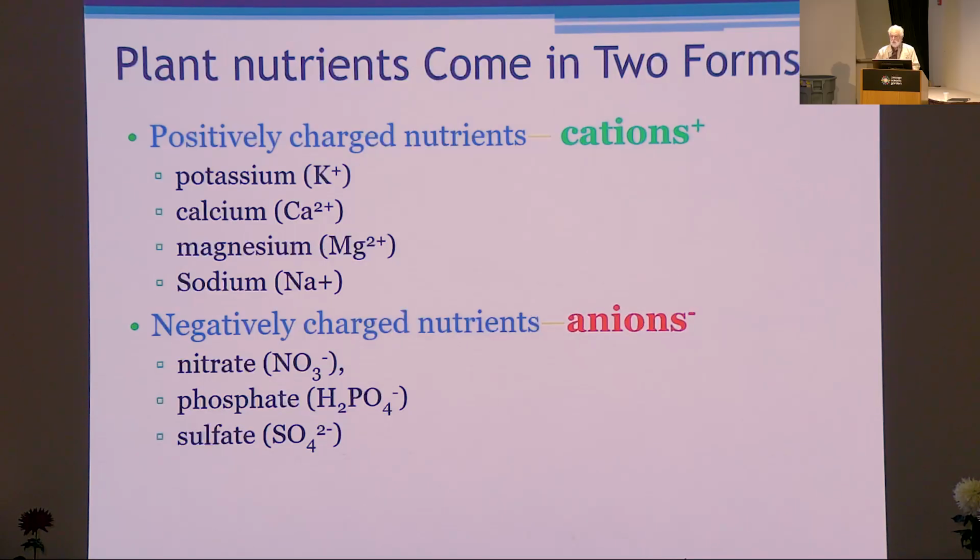I'm specifically referring to the cations such as potassium, calcium, magnesium, and sodium. These all occur in the soil with a plus charge. Negatively charged nutrients are called anions, and these are things like nitrate. This is the form of nitrogen that plants pick up, phosphate and sulfate. So these are anions as opposed to cations. So these are the two forms that they come in.